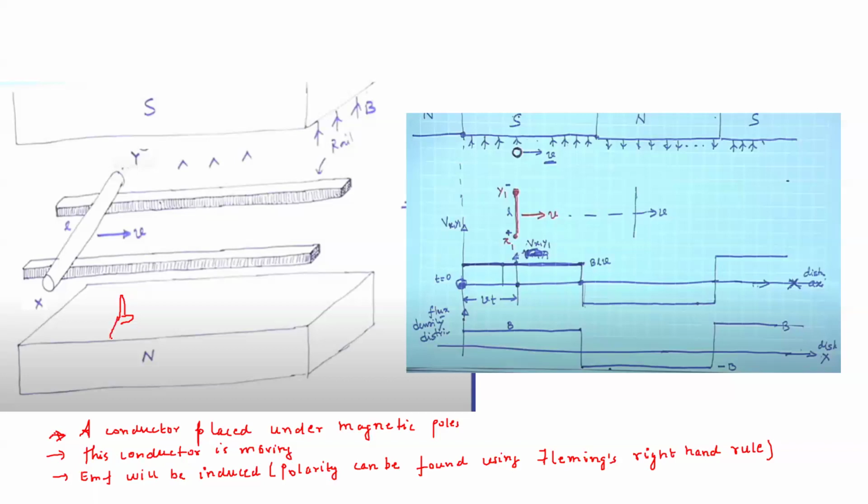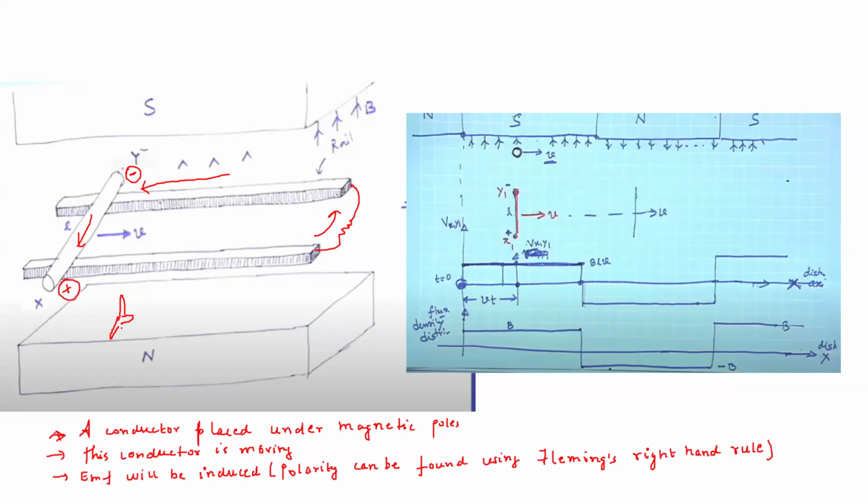So current is leaving this x terminal, which is the positive terminal. If we close this loop by placing some resistance, the current will flow around and enter this Y terminal. That is why this is the negative terminal.